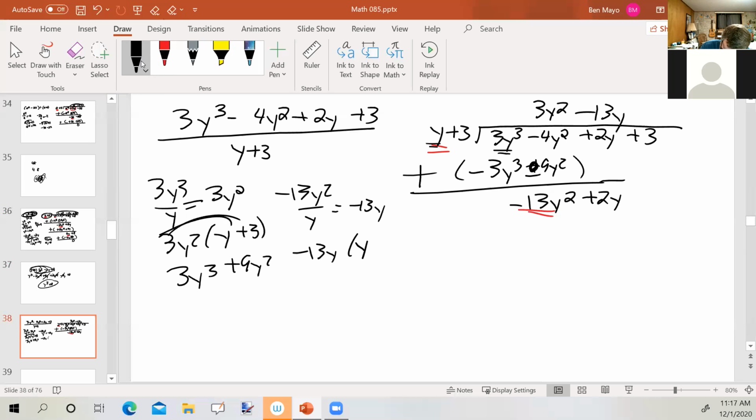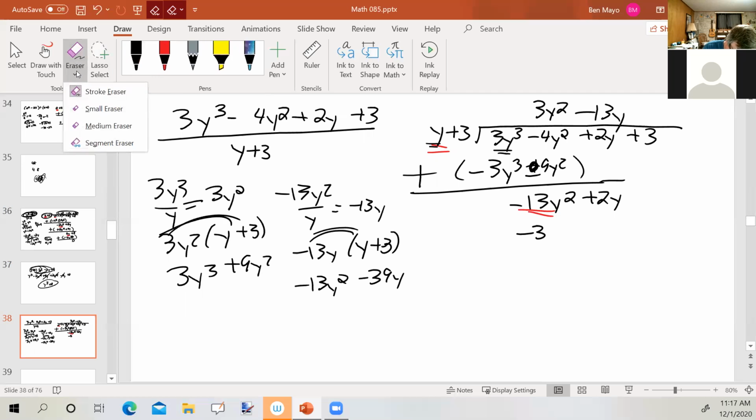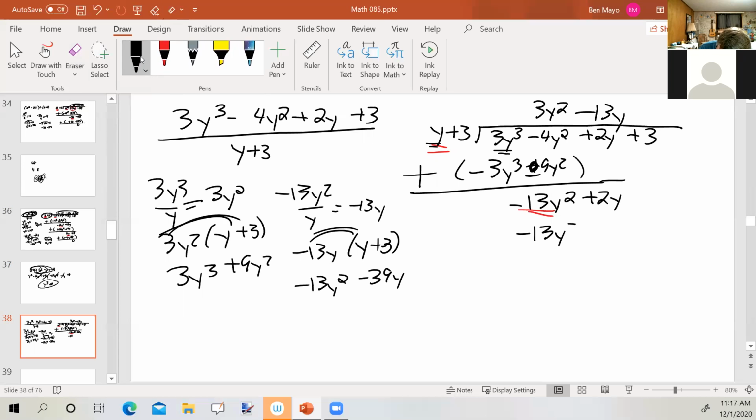Negative 13y times y plus 3: negative 13y squared minus 39y. And we're going to subtract that from what's up above, change it to addition of the opposite.